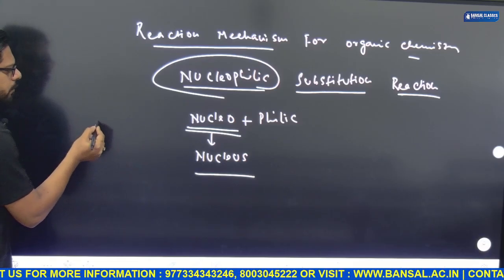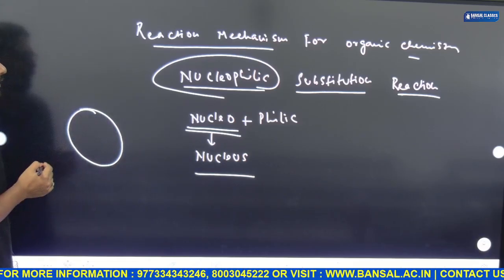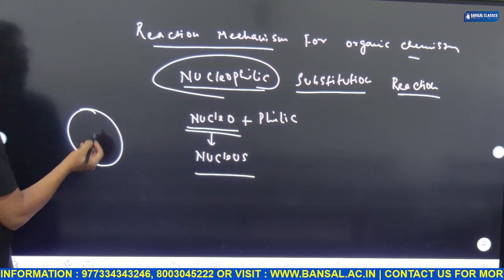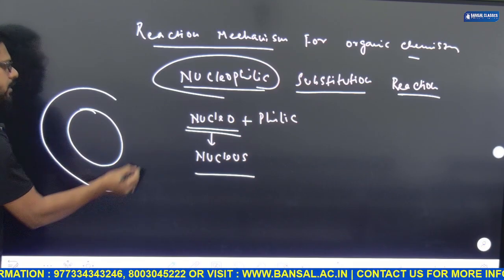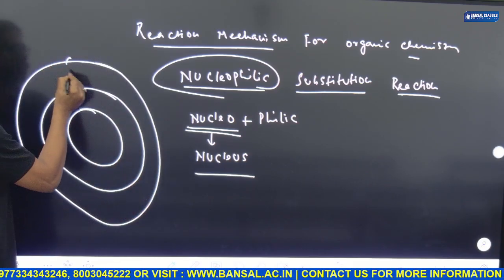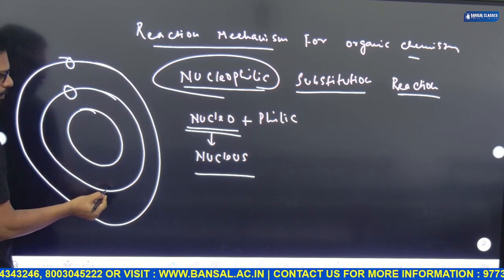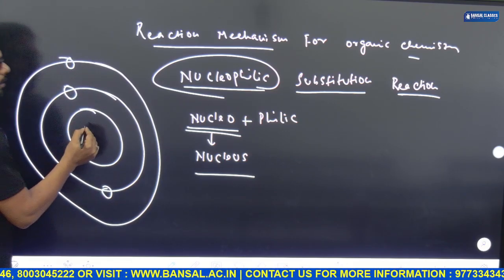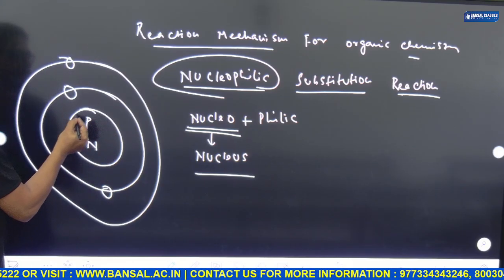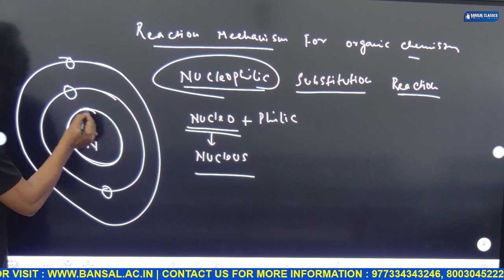In the structure of atom chapter, we have already learned that there will be a nucleus present at the center of the atom, and there will be different orbitals surrounding it in which electrons will rotate. Protons and neutrons will be available in this particular area, which is also known as the nucleus.